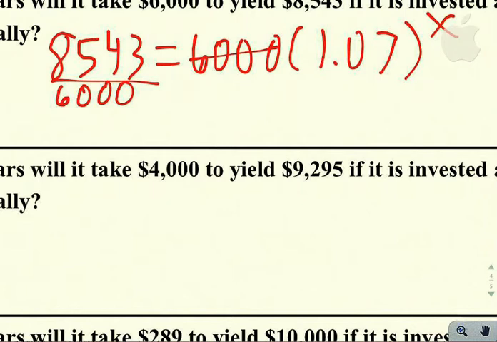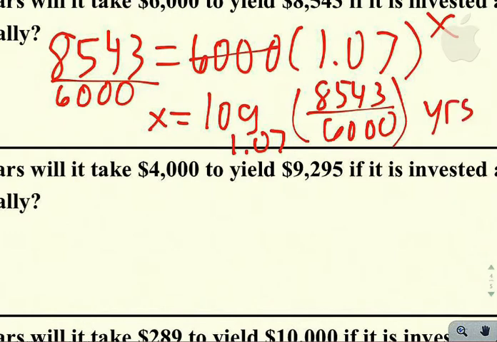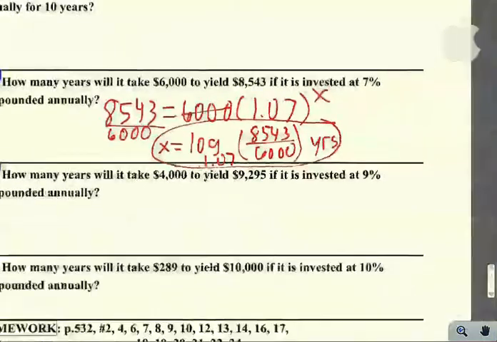Now we have it in exponential form. X then would equal log to the base 1.07 of 8,543 over 6,000, and that would be years. Without a calculator, that is the best you can do.